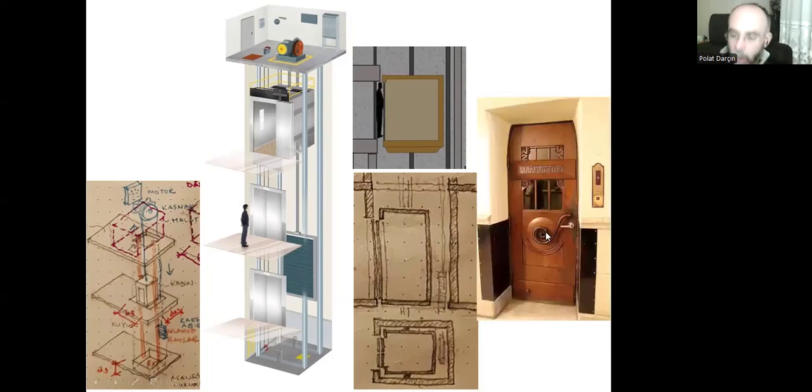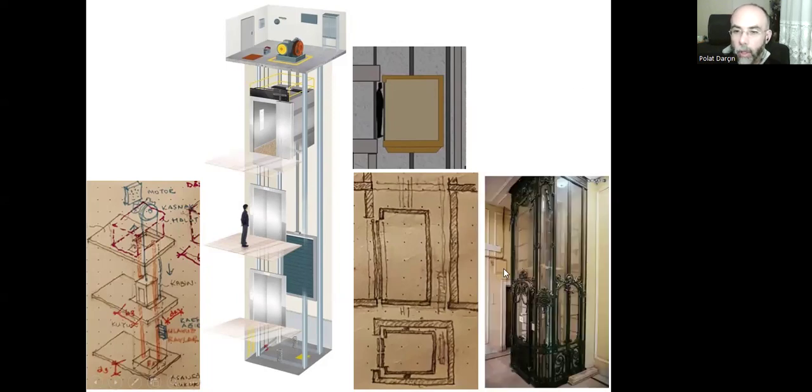And for the hoistway door, for the door that is on the floor, we can design different types of doors. It doesn't necessarily have to be these metallic aluminum surfaces that slide sideways. We can have different materials and different types of openings for the door.